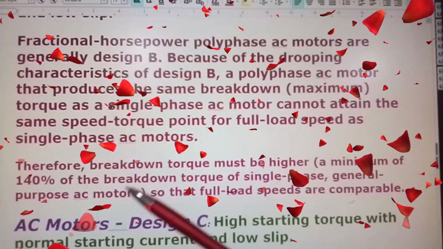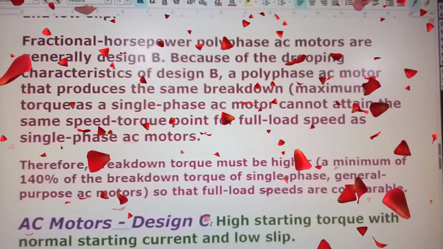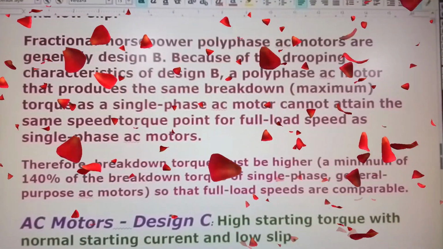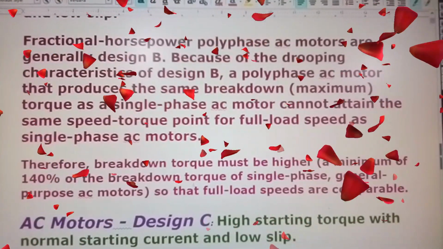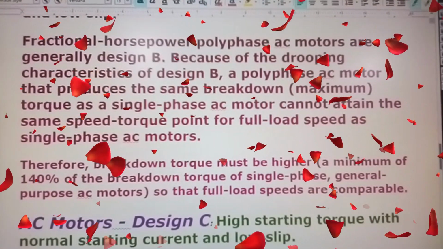So all you're saying here is that the breakdown torque of the motor will need to be 40% higher than its 100% operational value or speed.